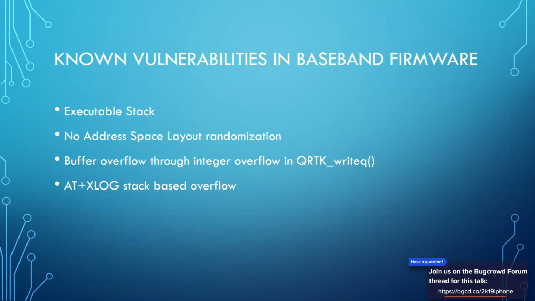That brings me to the known vulnerabilities in baseband firmware. It's not actual vulnerabilities. These are an executable stack and no address space layout randomization, but it makes it pretty easy, when vulnerabilities are found, for an attacker to override functions in the firmware, like specific checks, such as the signature checks.